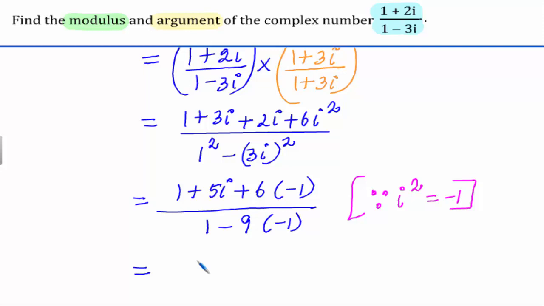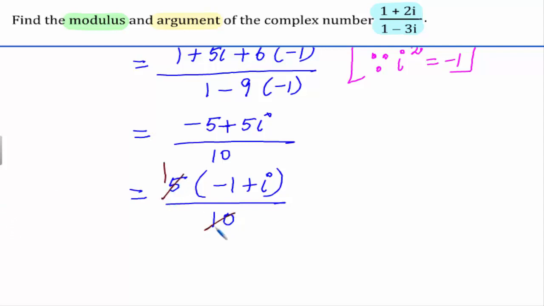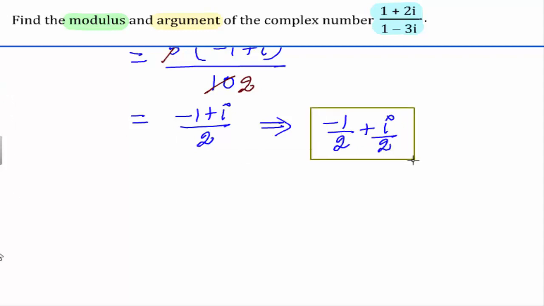This will be equal to minus 5 plus 5i divided by 10. If we take 5 common from the numerator, we get minus 1 plus i, and in the denominator we have 10. Upon simplification, we get minus 1 plus i divided by 2. This can further be written as minus 1 upon 2 plus i upon 2. This is the standard form of the given complex number.